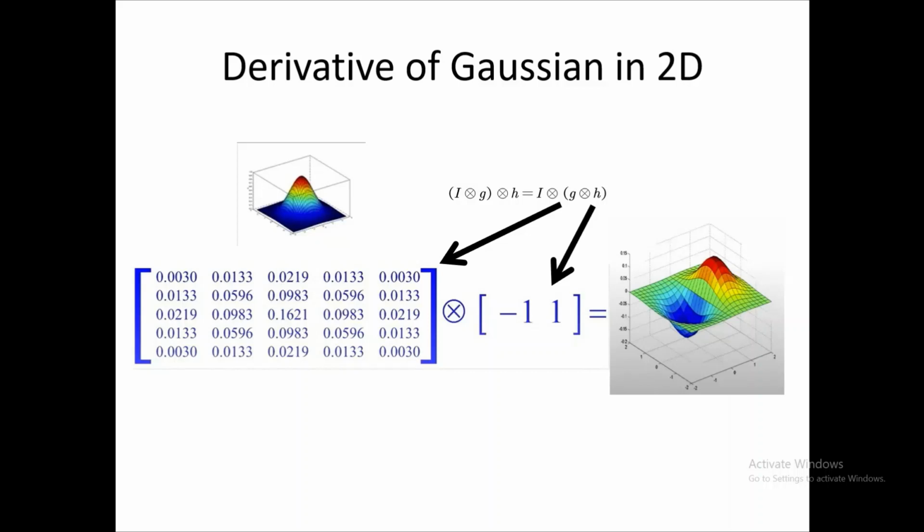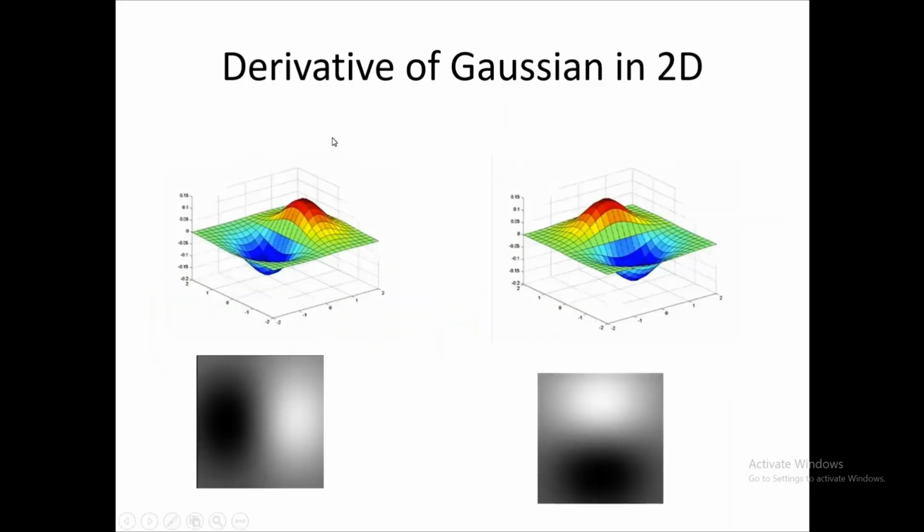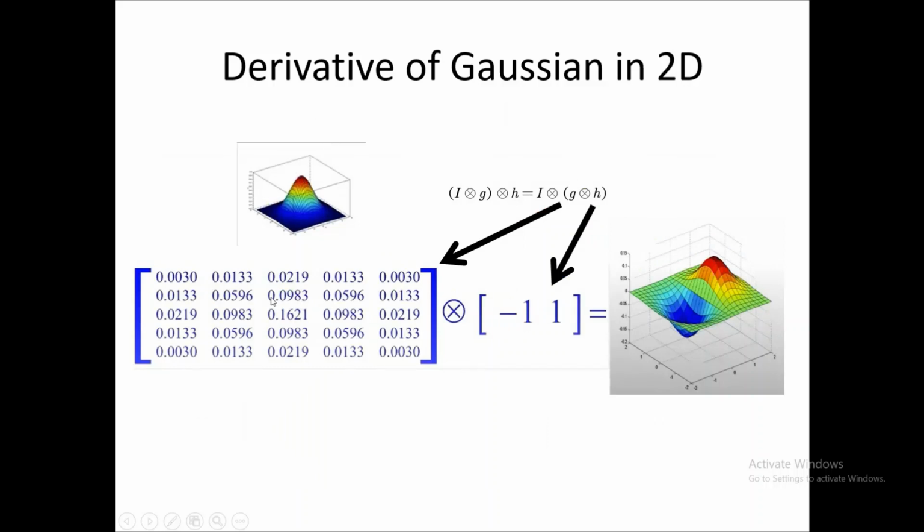That's what is shown here. Here -1 1 is the generic derivative operator, and G is the Gaussian represented by a matrix. This is the G, and this is H, which is -1 1. This results in a function that is the first derivative of Gaussian.